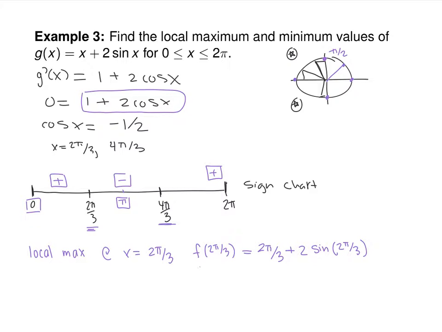So what's sine of 2 pi thirds going to be? Square root 3 over 2, which will become root 3 when you cancel that 2. So 2 pi thirds plus root 3. There's a local max. That's at 2 pi thirds, yep. It looks like 8 pi thirds because I boo-booed. I should just erase.